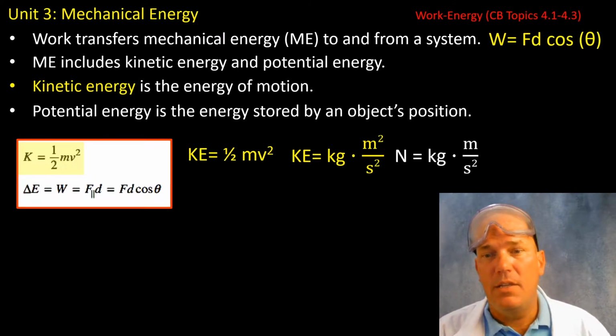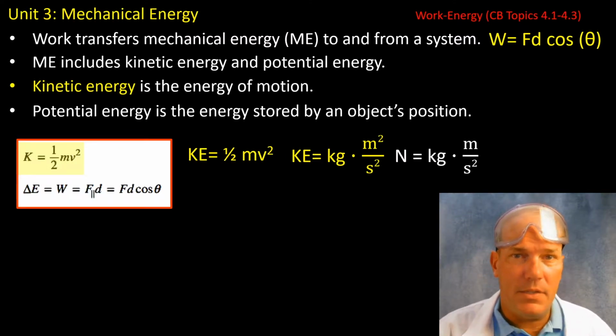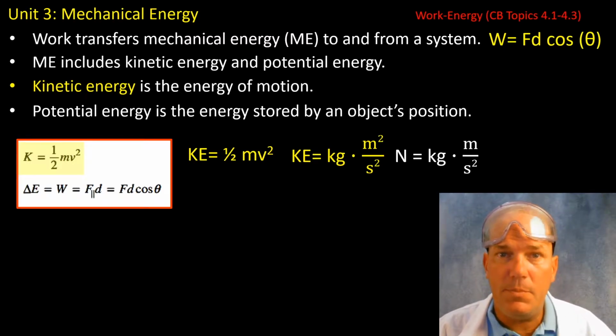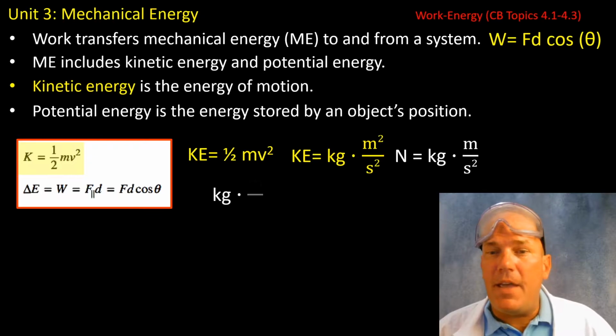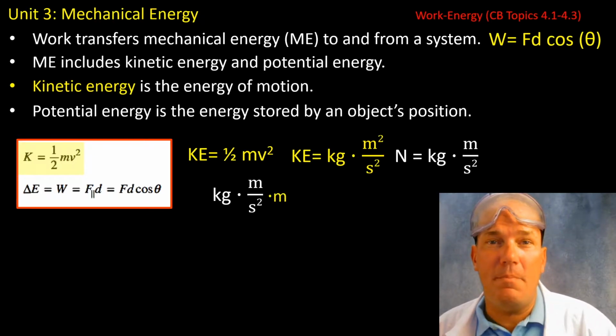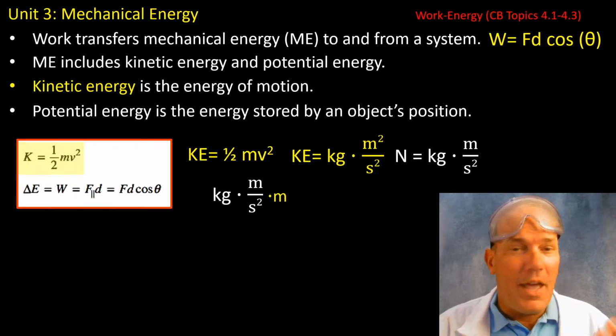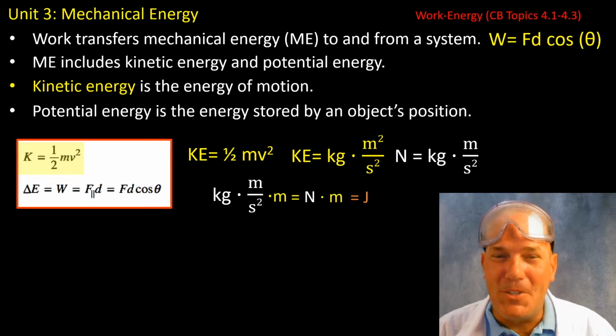Let's look at it. So a Newton, as you know, is mass multiplied by the acceleration, units, meters per second per second. So if I take the fact that that is a Newton, and I now multiply it by a meter, I get a Newton meter, which is a joule.